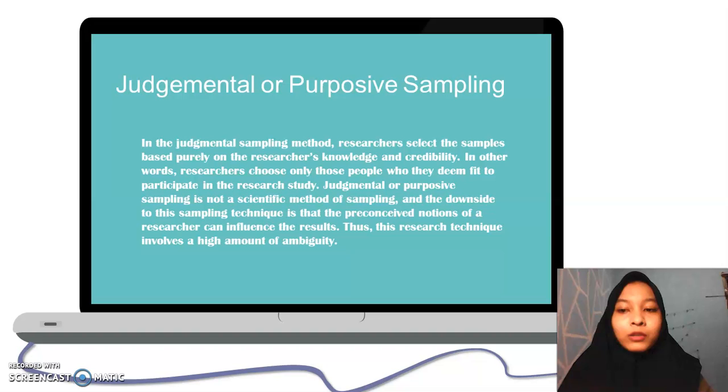Judgmental or purposive sampling is not a scientific method of sampling, and the downside to this sampling technique is that the preconceived notions of a researcher can influence the results. Thus, this research technique involves a high amount of ambiguity.